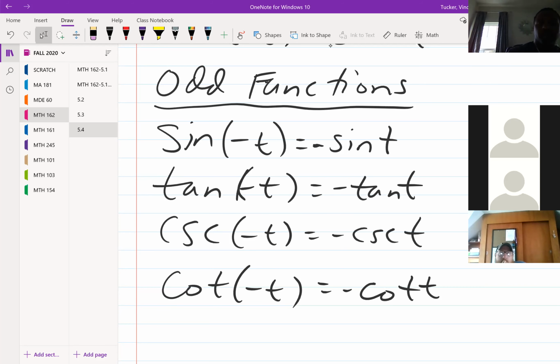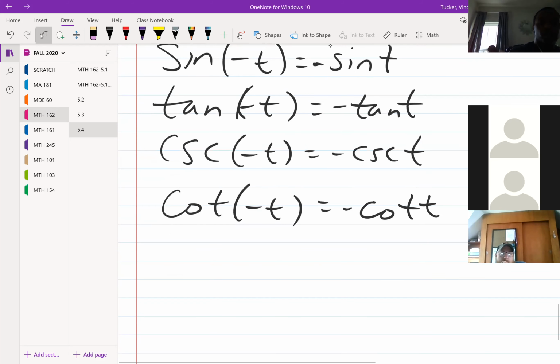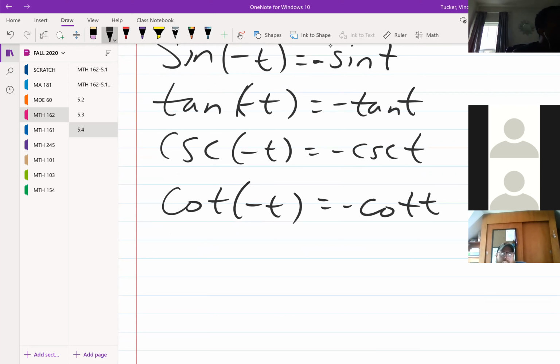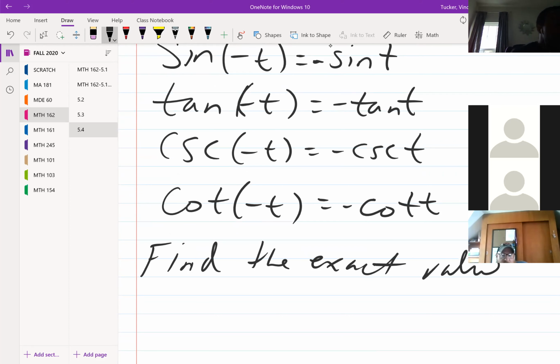So when we look at using these odd and even relationships, and that's what it says in the directions, it says find the exact value.